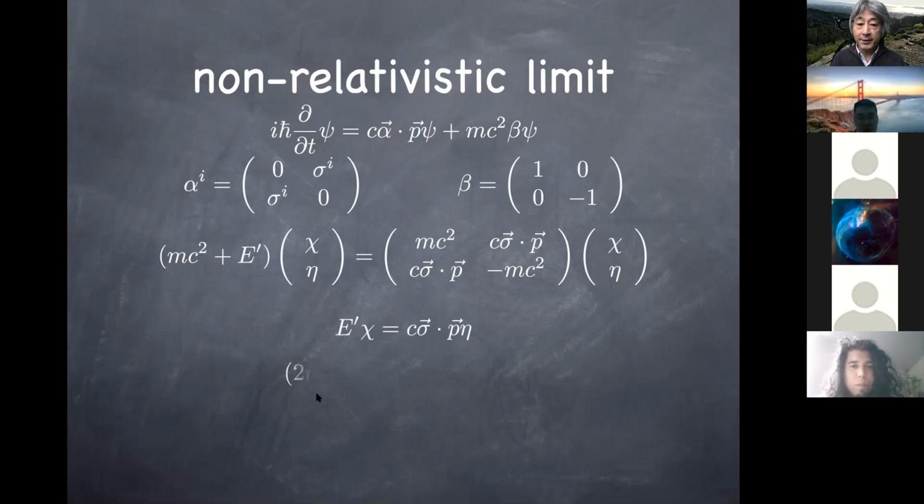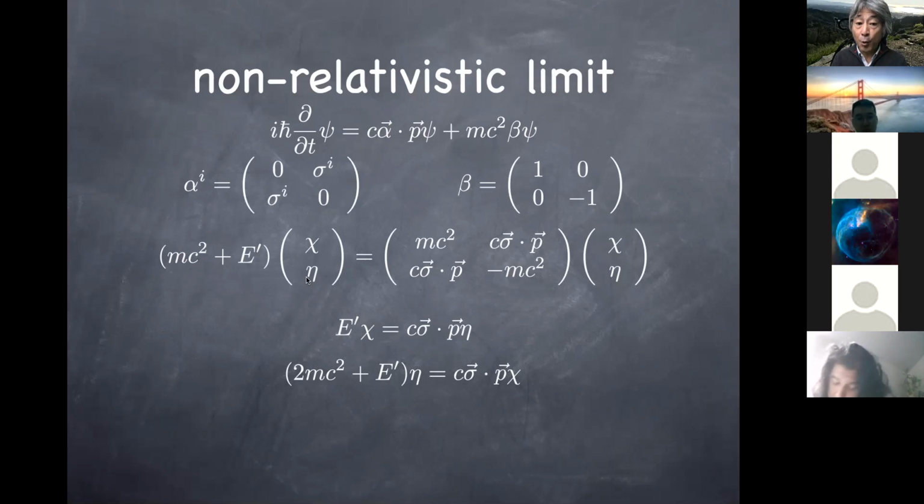So by writing this out explicitly for the upper component and lower component: for the upper component chi, I can cancel mc squared times chi from both sides of the equation. What remains is E prime chi from the left-hand side and c sigma dot p times eta from the right-hand side. So that's the upper two components of this Dirac equation.